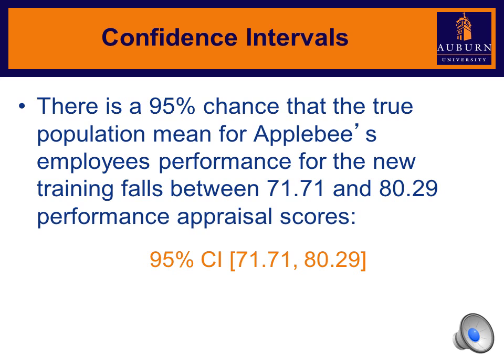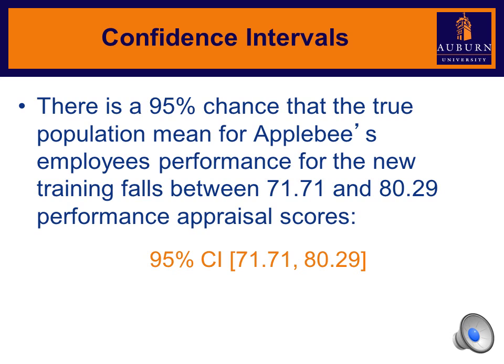If we take 100%, our entire distribution, subtract our 5% chance for a type 1 error, we get a 95% chance. And so that becomes our level of chance for our confidence interval. So an alpha of 0.05 will be a 95% chance. An alpha of 0.10 would be a 90% chance. An alpha of 0.01 would be a 99% chance.